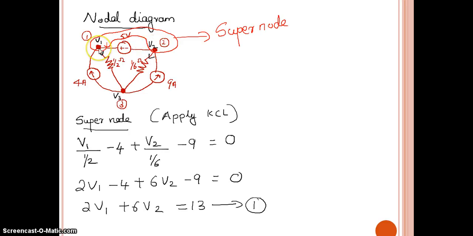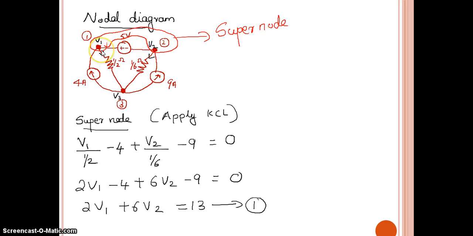So V1 is here, V2 is here, in between no other elements other than a voltage source. So we can write this as V1 minus V2 should be equal to 5 volt, because plus is here near V1 and minus is towards the V2 side.